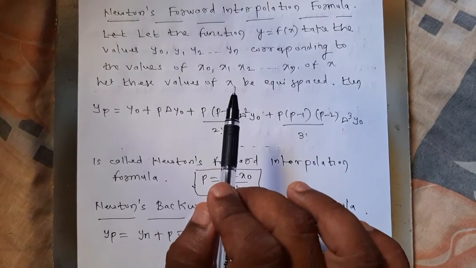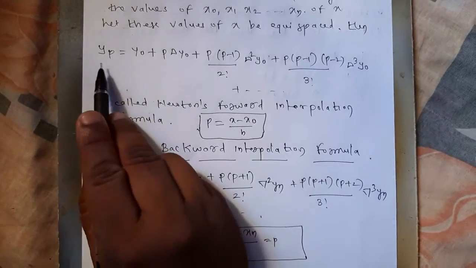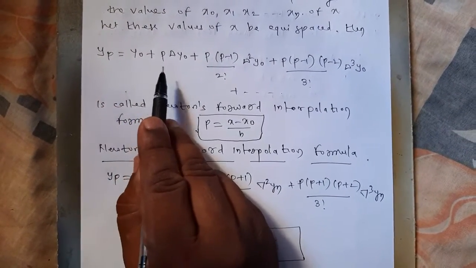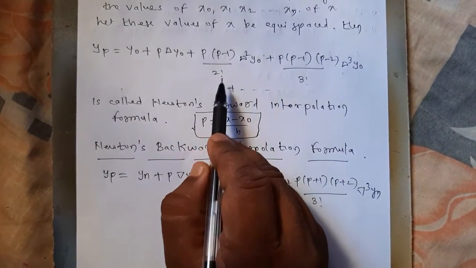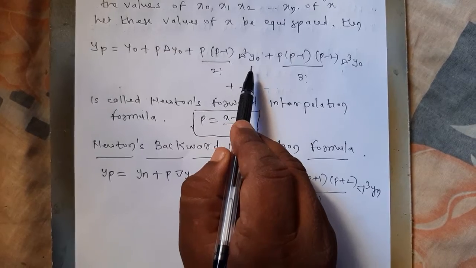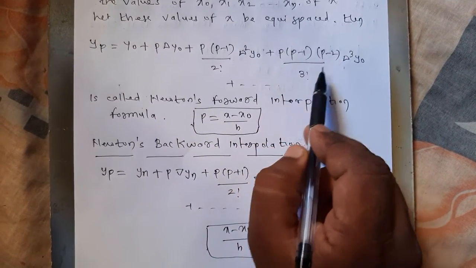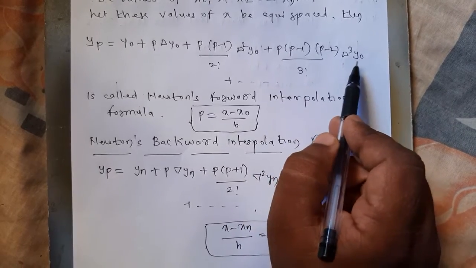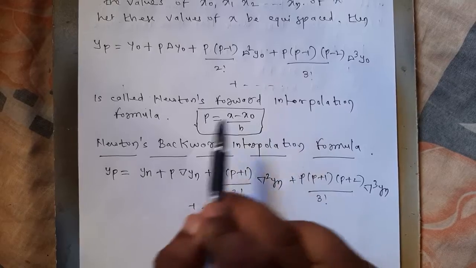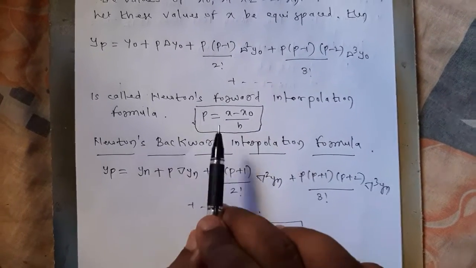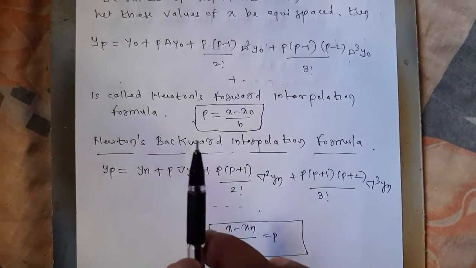Then y of p equal to y0 plus p into del of y0 plus p into p minus 1 upon 2 factorial del square of y0 plus p into p minus 1 into p minus 2 upon 3 factorial del cube of y0 and so on is called Newton's forward interpolation formula. Here p is calculated by x minus x naught upon h.